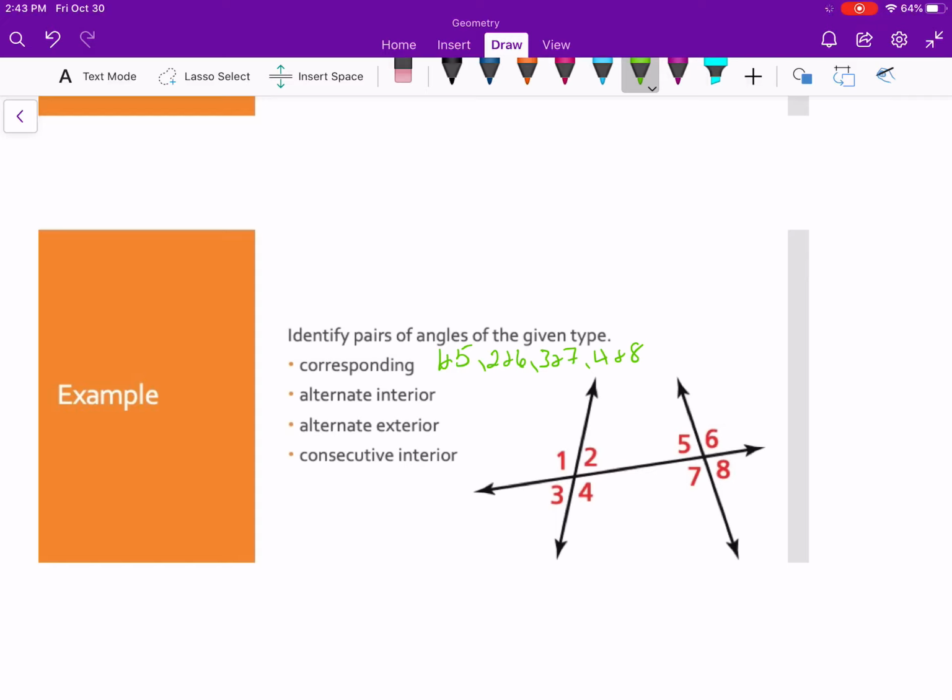Alternate interior, so alternate opposite sides of the transversal, interior between the two lines, would be 2 and 7, or 4 and 5. Alternate exterior, now instead of in between the two lines, they're outside, so 3 and 6 would be a pair, and 1 and 8 would be a pair. And then consecutive interior, same side of the transversal in between the two lines, so we have 2 and 5. And we also have 4 and 7.